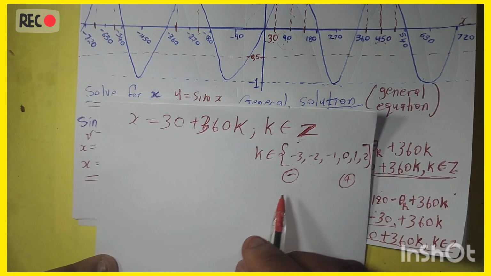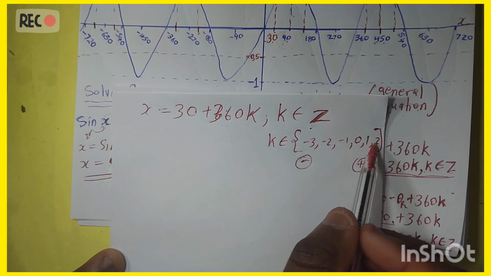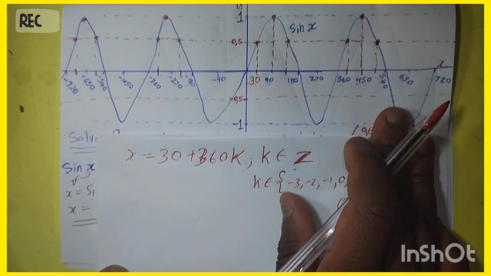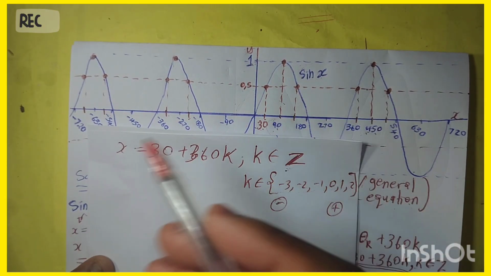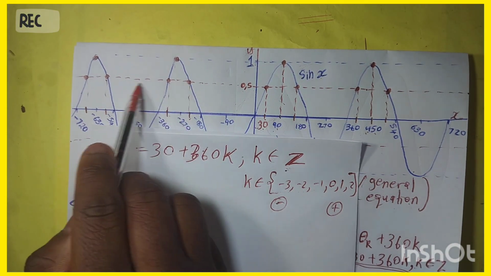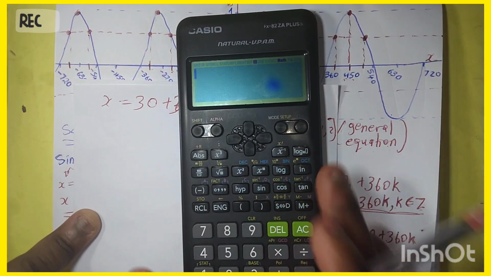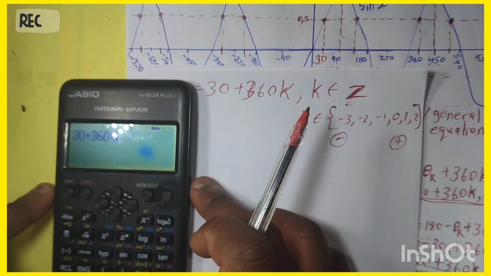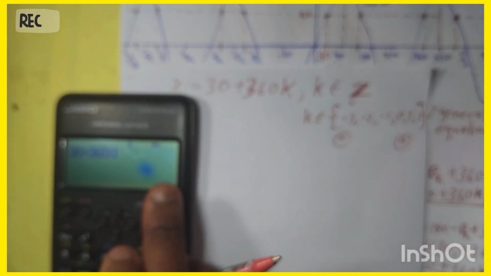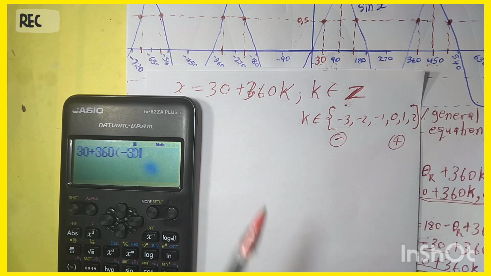Do you see? So what I will do is substitute one of these values. The moment I substitute one of these values, you will find that you get one of these points. Let me press this on my calculator, which is 30, plus 300. And now I can substitute negative 3.